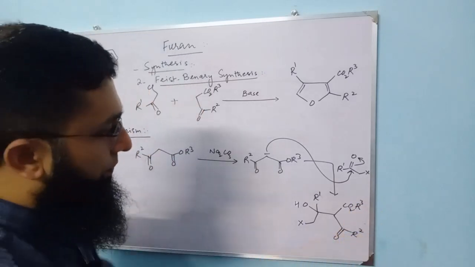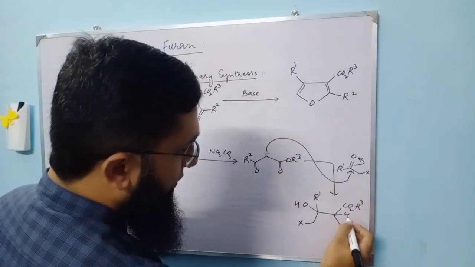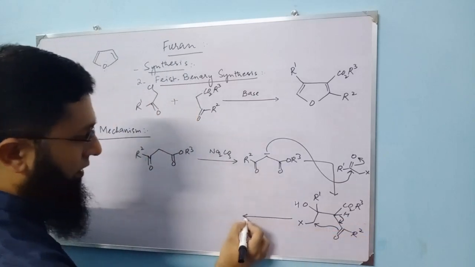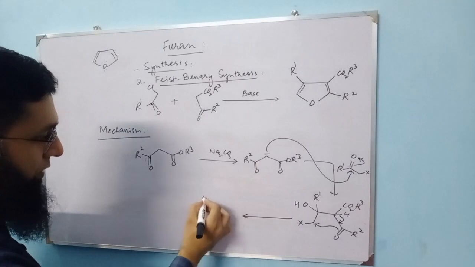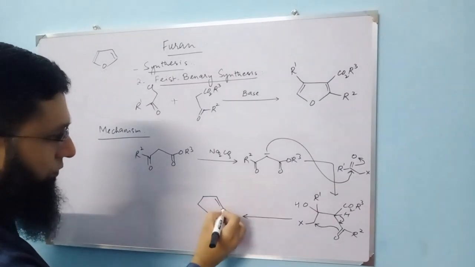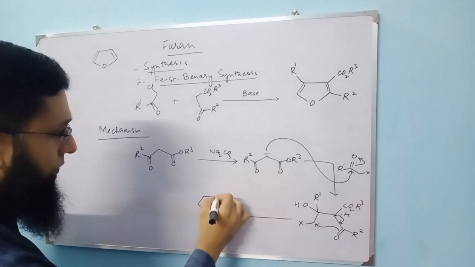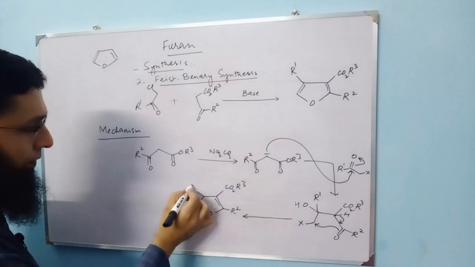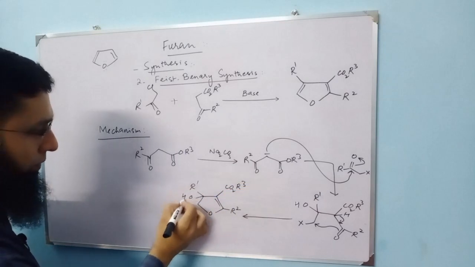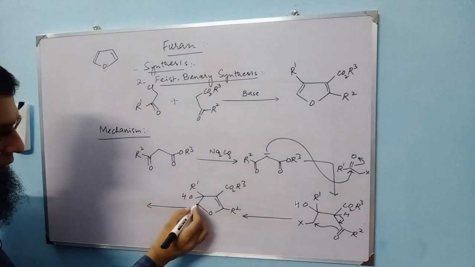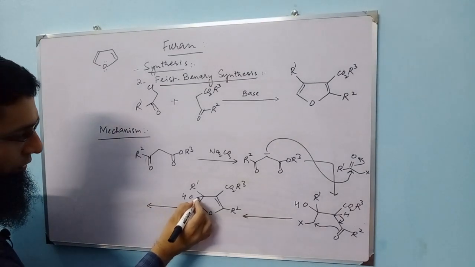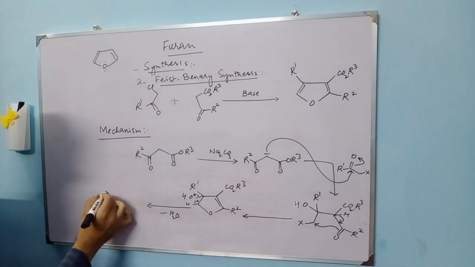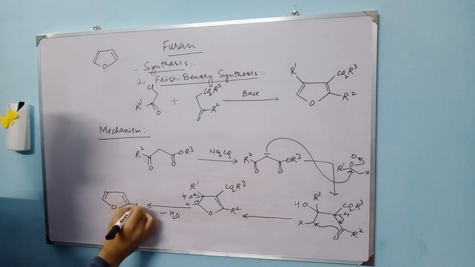So we get this one, and next proton from here is abstracted and this bond attacks here. As a result of this reaction, we get this, and in the last step, this water molecule is eliminated, minus H2O, and we get furan derivative.